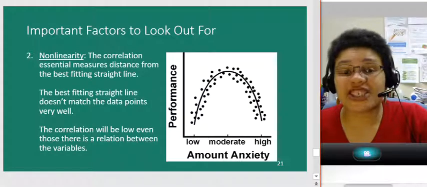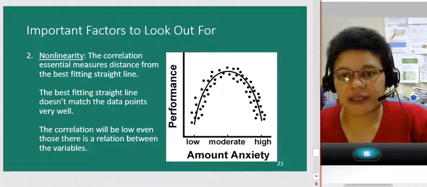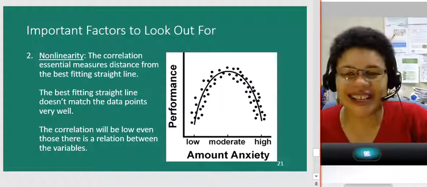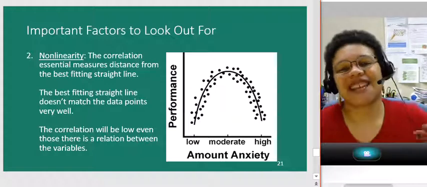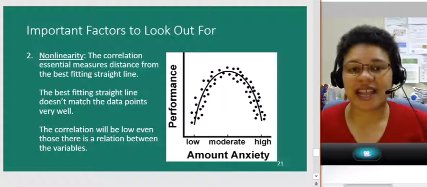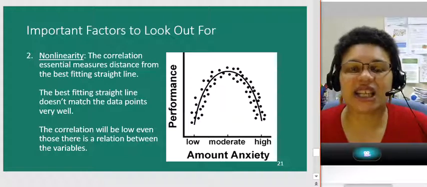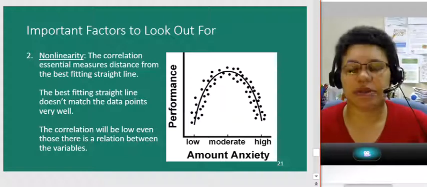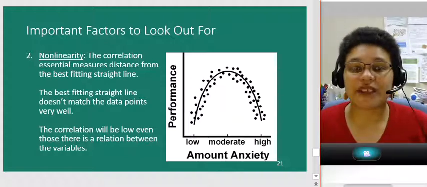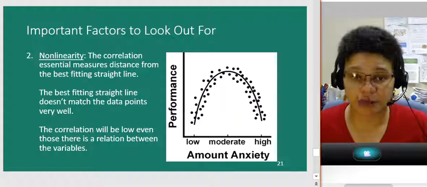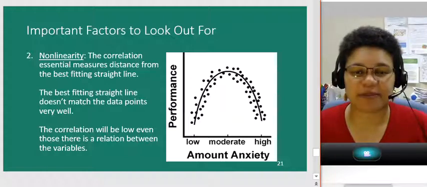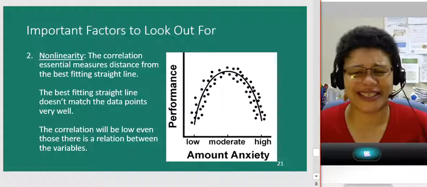Another important factor is nonlinearity. For all the statistics we're talking about in this course, there's an assumption that there's a linear relationship between two variables, that there's a straight line involved somewhere, not a curved line. All the math breaks down if the line curves.